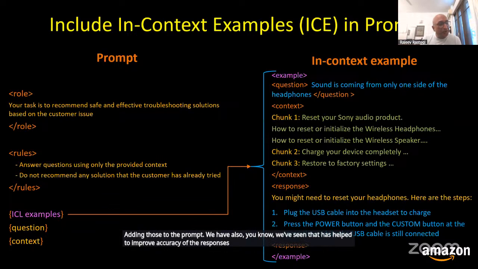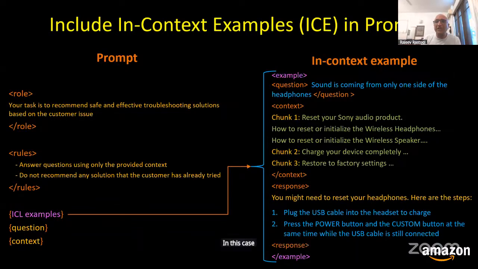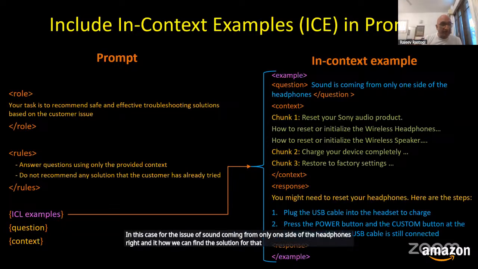What the example section does is it provides examples of responses for question-context pairs that the LLM can actually learn from. So you're trying to show the LLM how it can frame the response, in this case, for the issue of sound coming from only one side of the headphones, and how it can find the solution for that in the relevant context that's retrieved from the knowledge store.